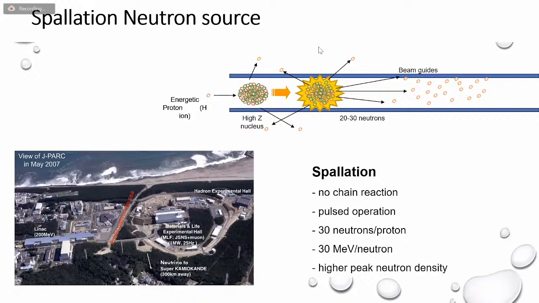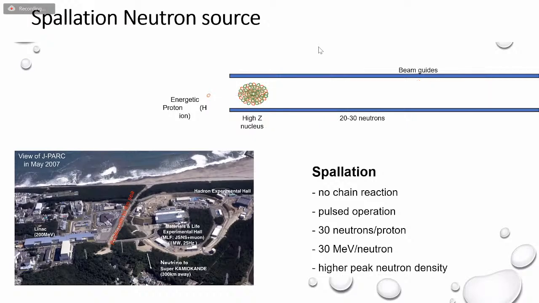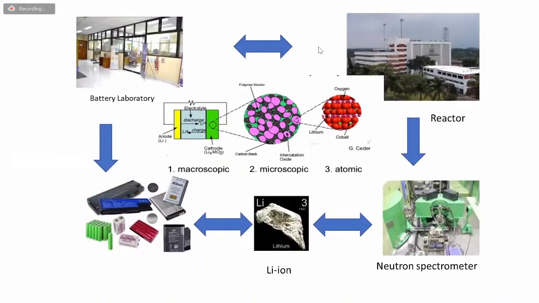This uses pulses and gives high energy neutrons, giving very good intensity to observe where the atoms are and what the atoms do. Maybe in detail, Dr. Teguh will explain about the spallation.